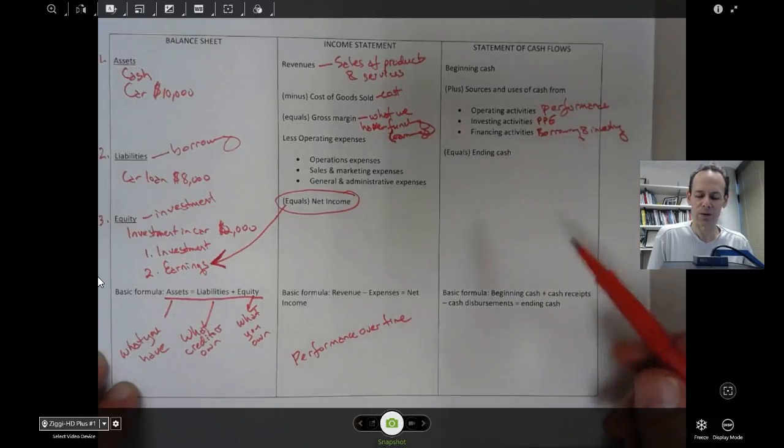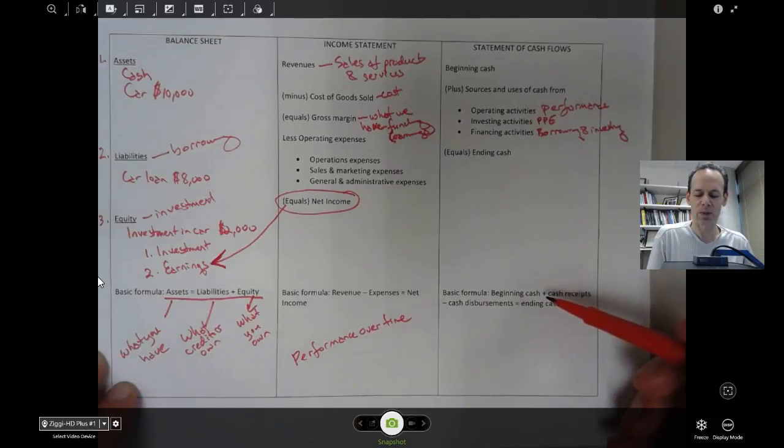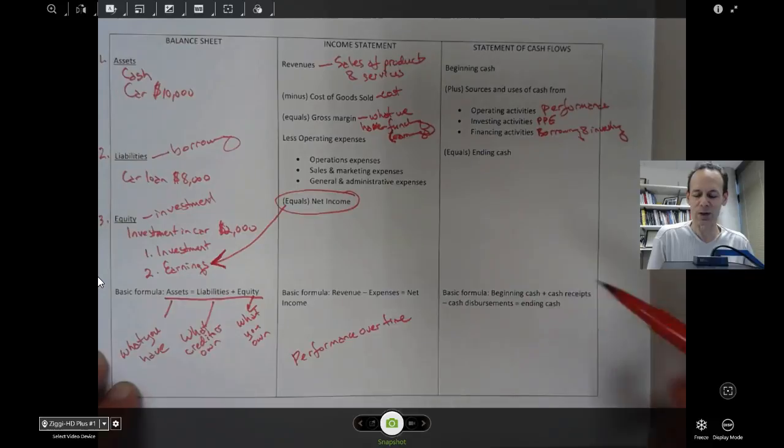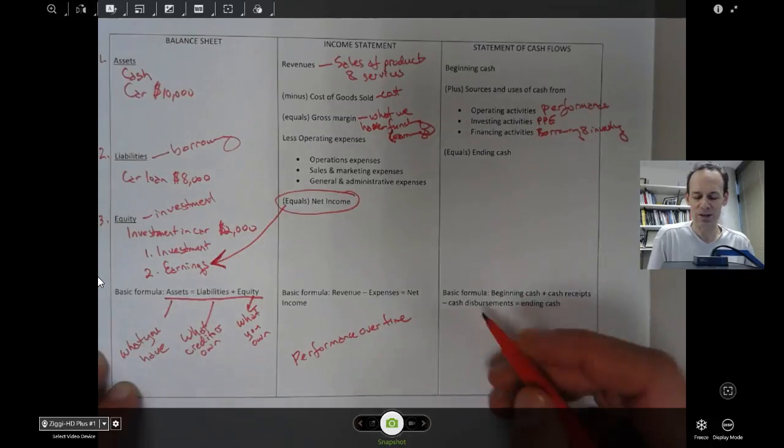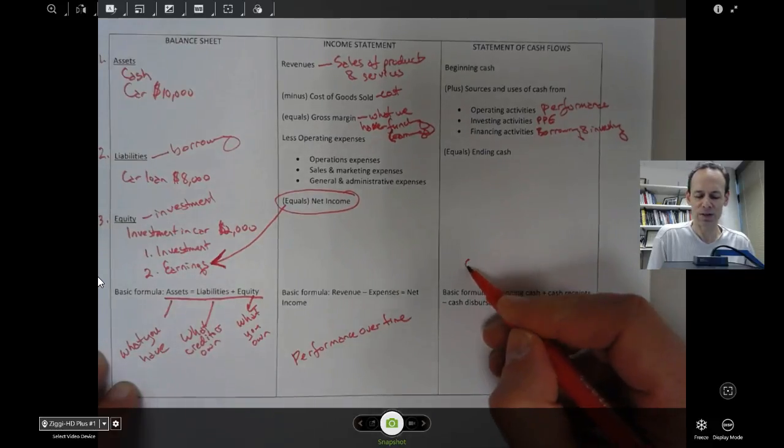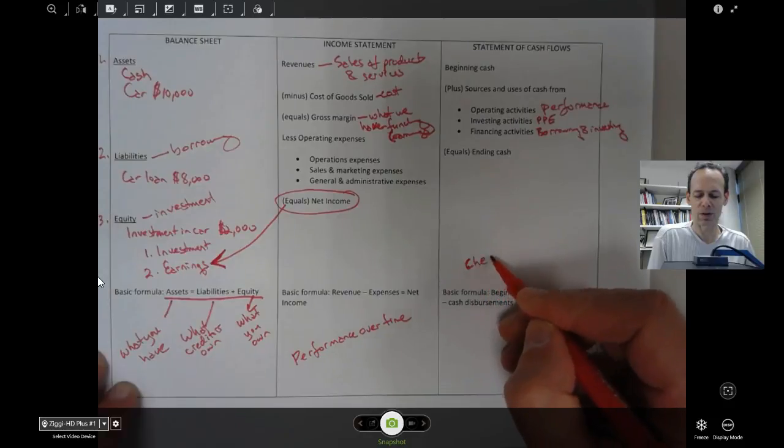The core formula for the statement of cash flows really is beginning cash plus cash receipts minus cash disbursements equals ending cash. In essence, the statement of cash flows reflects something like a checkbook.